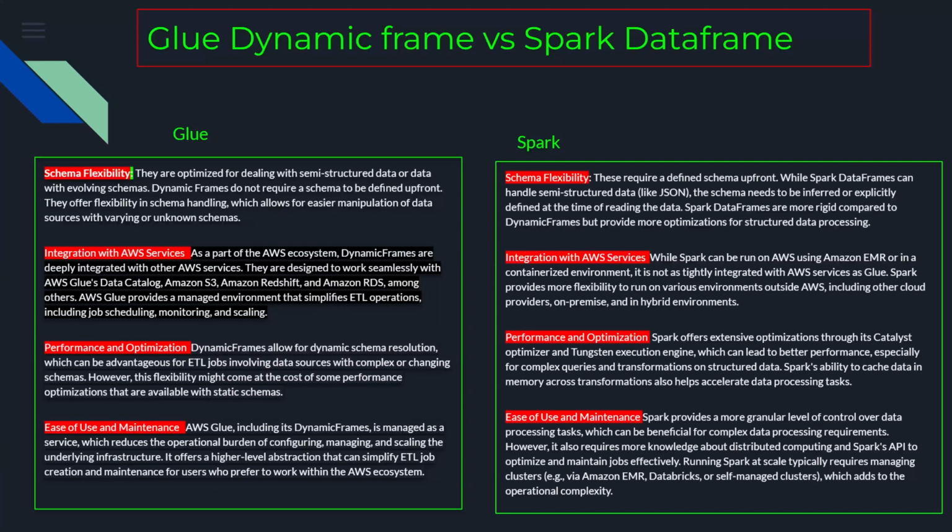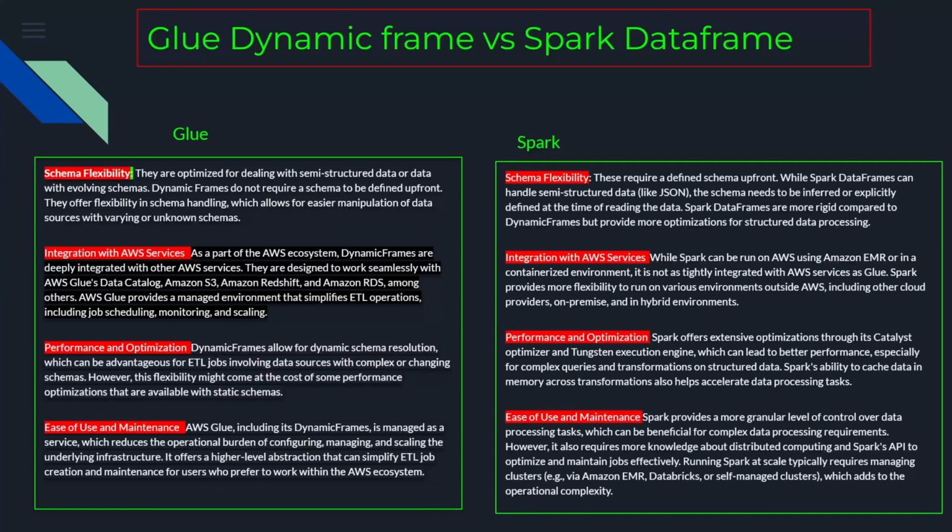Coming to performance and optimization, we know Spark uses the Catalyst optimizer for better performance, especially for complex queries or transformations on structured data. Whereas in Glue, dynamic frames allow dynamic schema resolution, which is also an advantage for ETL jobs involving data sources with complex or changing schemas, like schema drift.